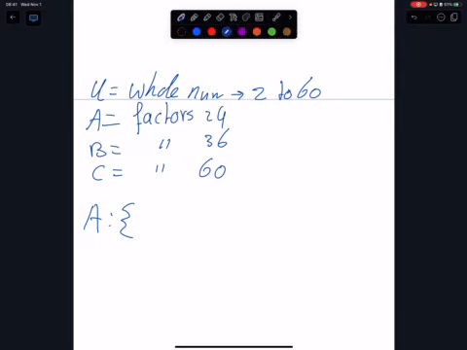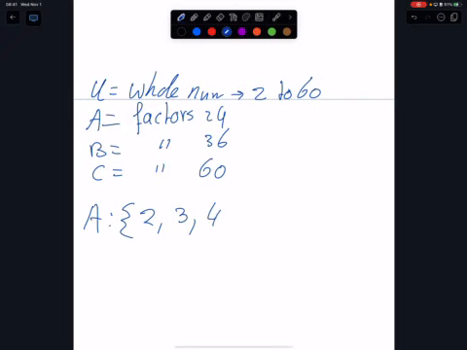So A, list all the numbers that belong to set A. Factors of 24 means every number that 24 can be divided by as a whole number. So start with 2. 24 divided by 2 is 12. 3. 24 divided by 3 is 8.